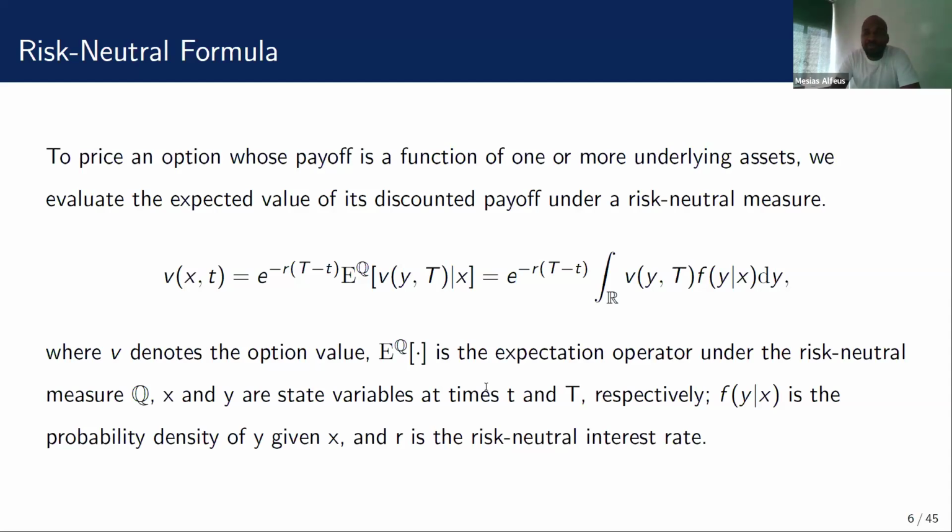You discount the expected value of the payoff function, which is given by this, under the risk neutral measure Q. What that measure does for us, when we look at the evolution of the asset, for instance the stock price, is that the constant trend becomes the same as the risk free rate r.